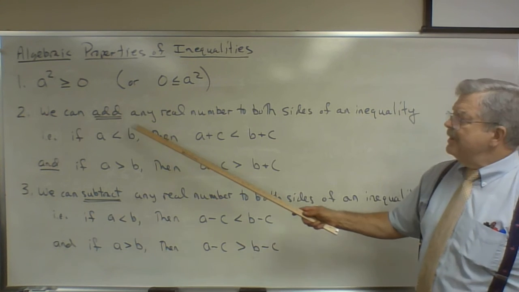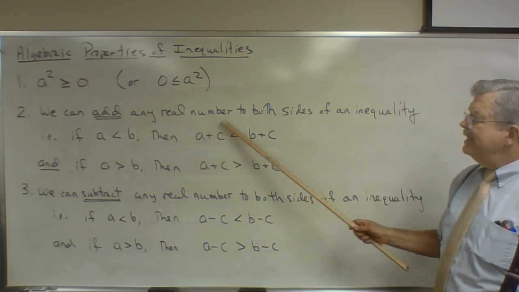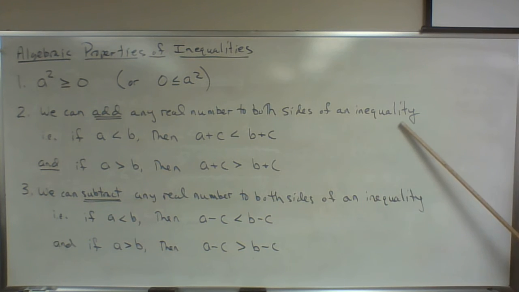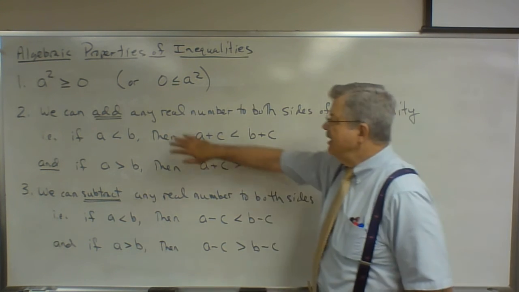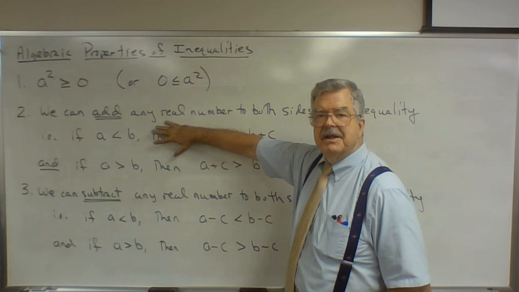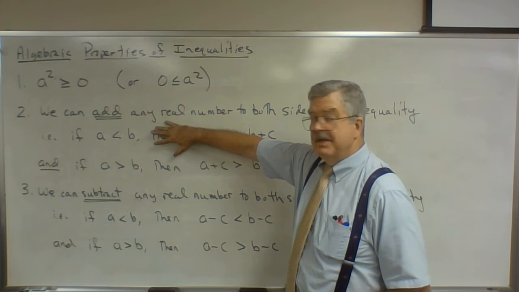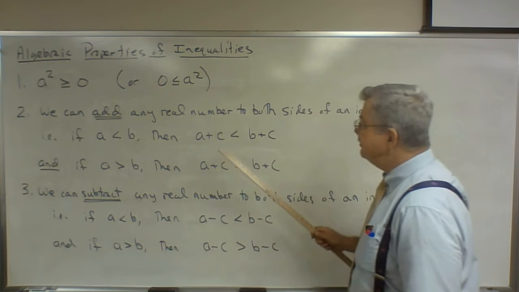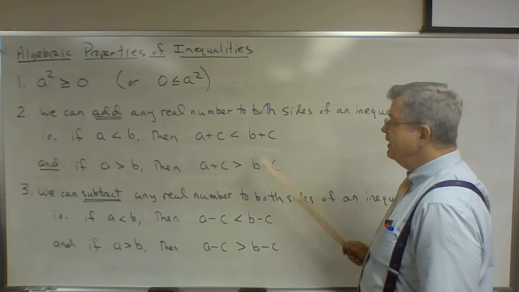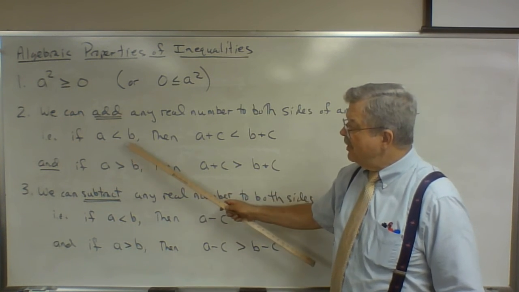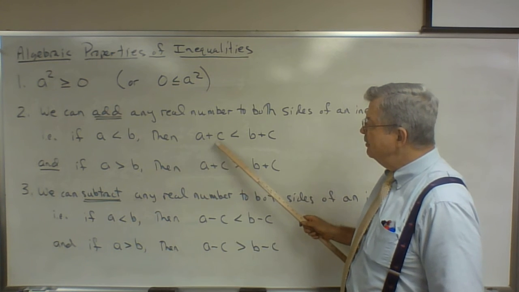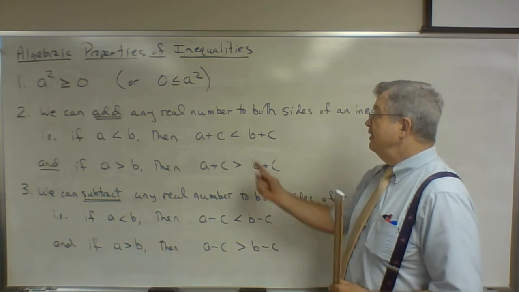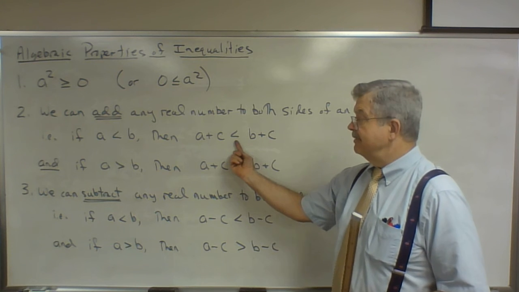Our next property: we can add any real number to both sides of an inequality. Here's our inequality. a is less than b. And we're going to add the real number c to both sides. If we take this inequality and add c to both sides, the inequality is preserved.